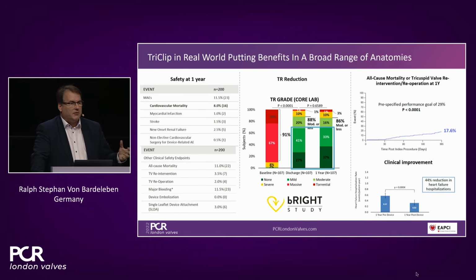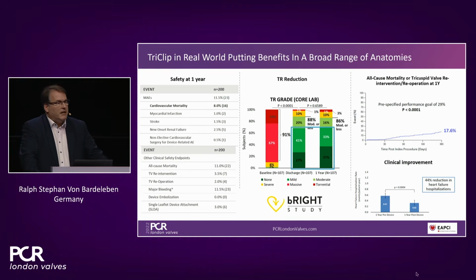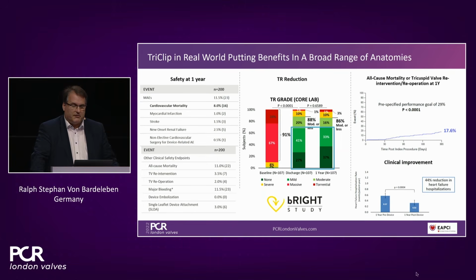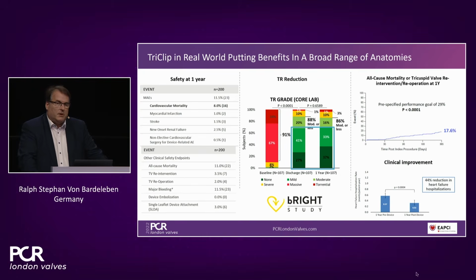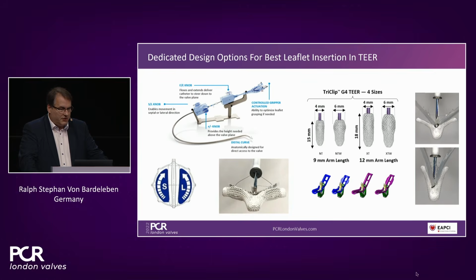We have to remind ourselves that in the COAPT trial, even in the treatment group, the 1-year mortality was in the range of 19%. We've seen that the situation in these patients here is 8%. So it's a clear benefit over the natural course, and also the rehospitalization rates in the TRILUMINATE trial as well as in BRIGHT are in the range of 40 to 50% reduction.